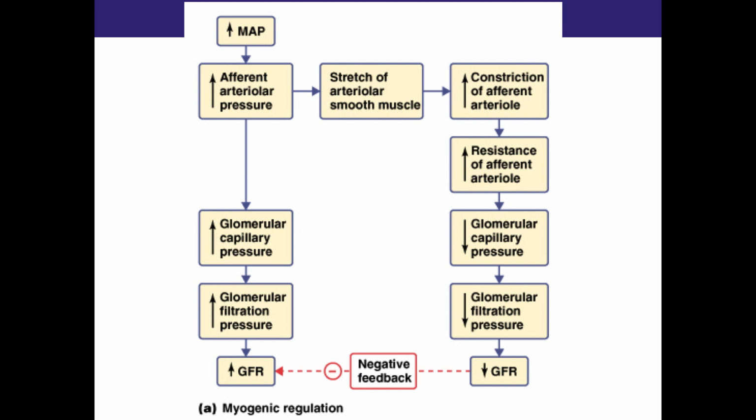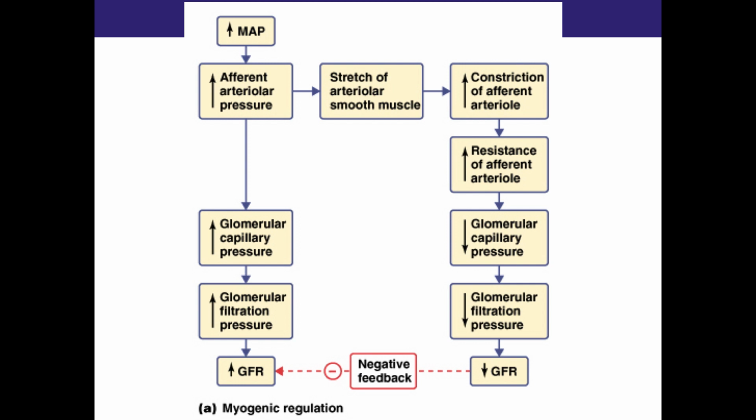You get the stretch of the arteriolar smooth muscle, constriction of the afferent arteriole, increases the resistance, decreases glomerular capillary pressure, net filtration pressure, and decreases GFR. So this isn't as complicated as it first seemed, right? All it's saying is if you get the surge of high blood pressure and you stretch those smooth muscle cells surrounding the afferent arterioles, they're going to constrict. And it's just to keep GFR relatively constant.